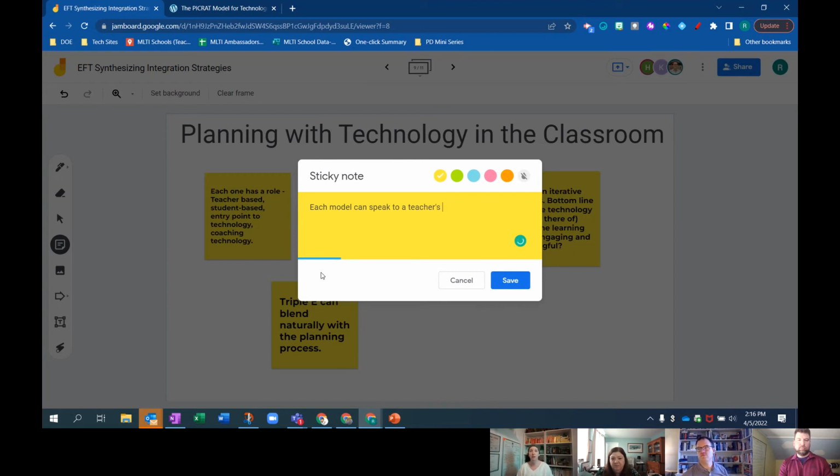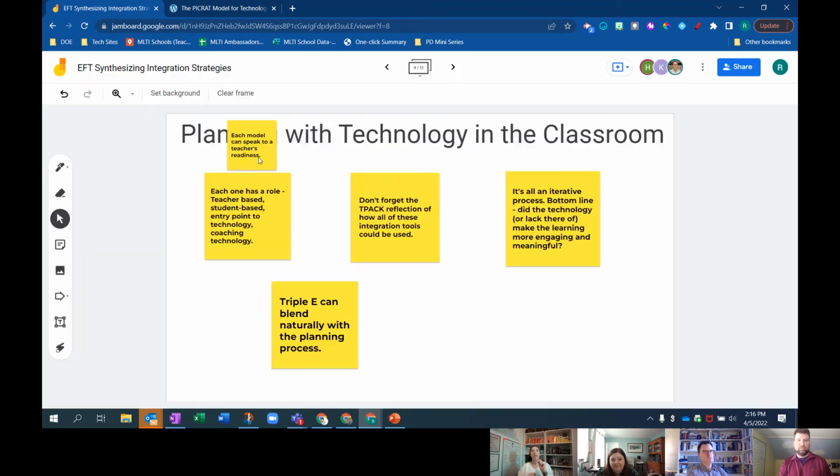And so some teachers are ready for the TIM model matrix right at the beginning, and some, like PICRAT, is going to be the perfect starting place. So as an integrator or a coach, having all of these different models in your pocket is perfect, because you can blend them, you can use them as your teachers are ready.